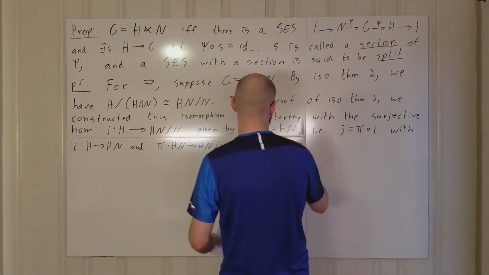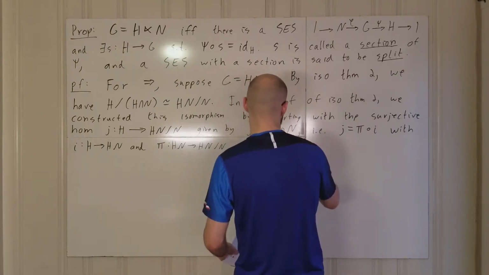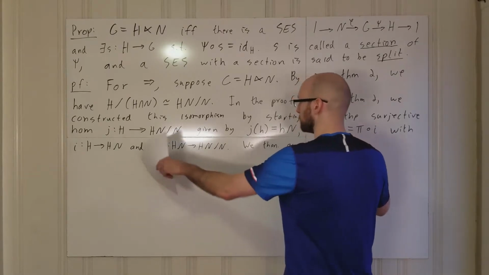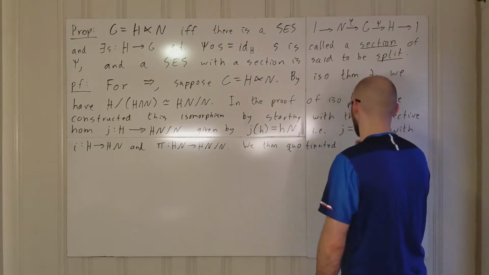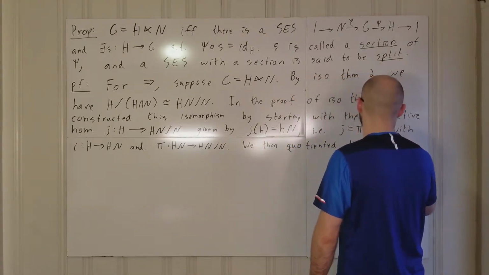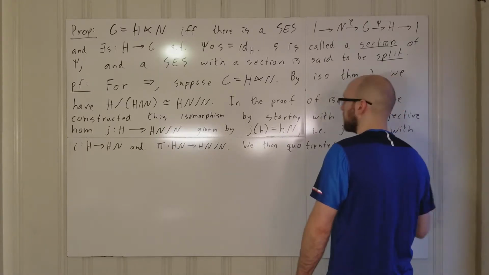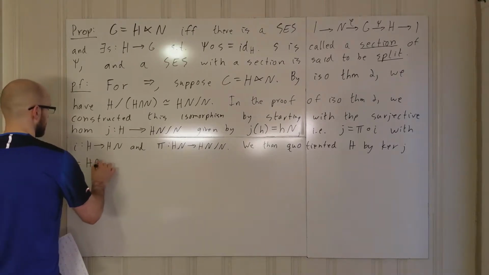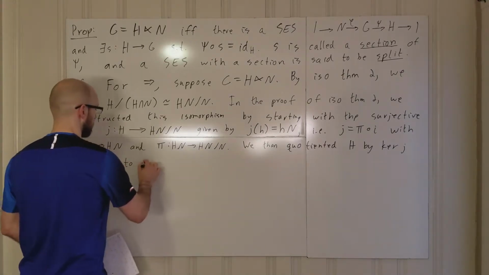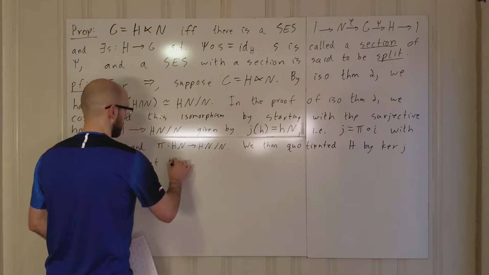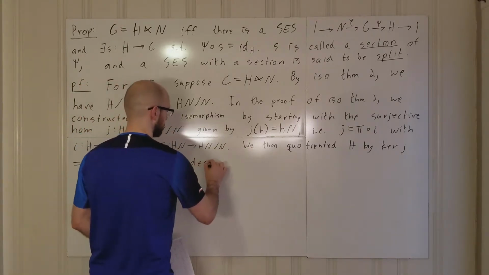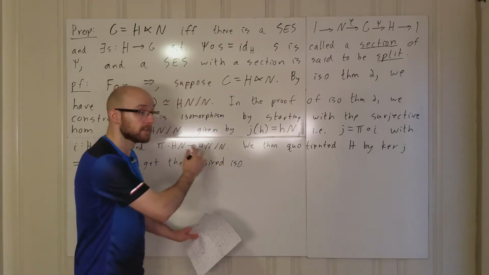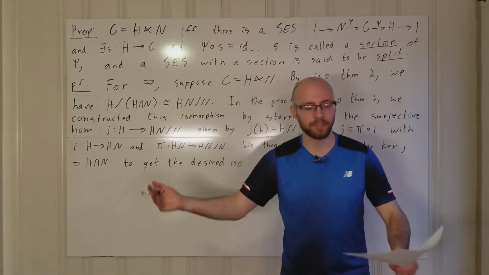We then quotiented H by the kernel of J, which we proved was equal to H intersect N, to get the desired isomorphism. So that's what happened when we were talking about the general isomorphism theorem.